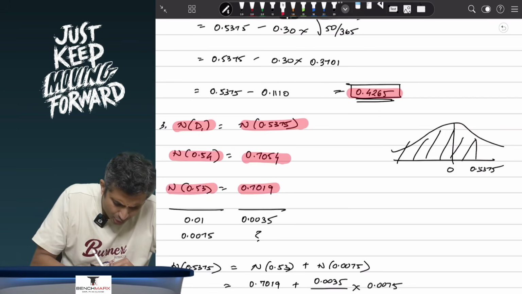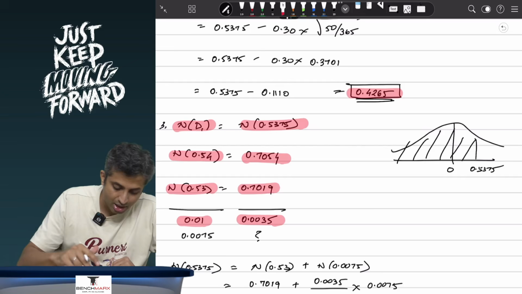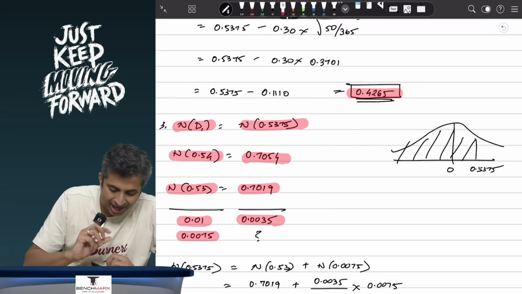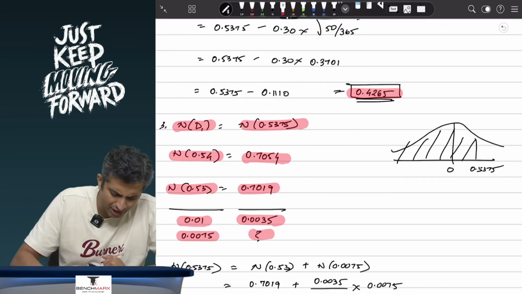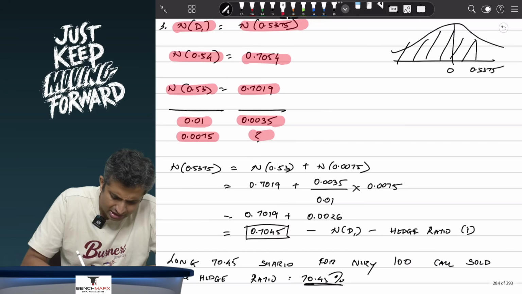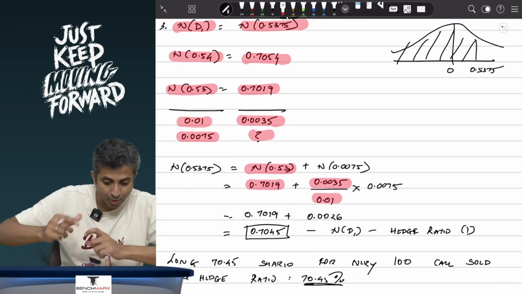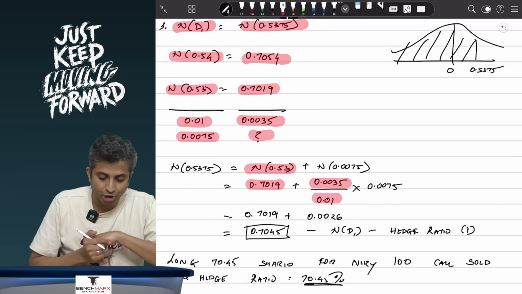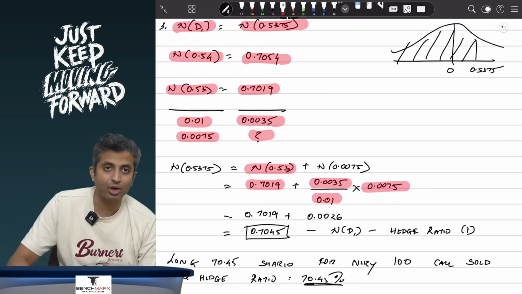I'll say that the difference over here is 0.01, which represents 0.0035. However, over here, if I want a gap to move from 53 to 53.75, this will be how much? If I cross multiply, I will get the answer. And loosely speaking, if I start at 0.53, and say that for a movement of 0.01, the normal distribution value changes by 0.0035, I need to move by 0.0075.